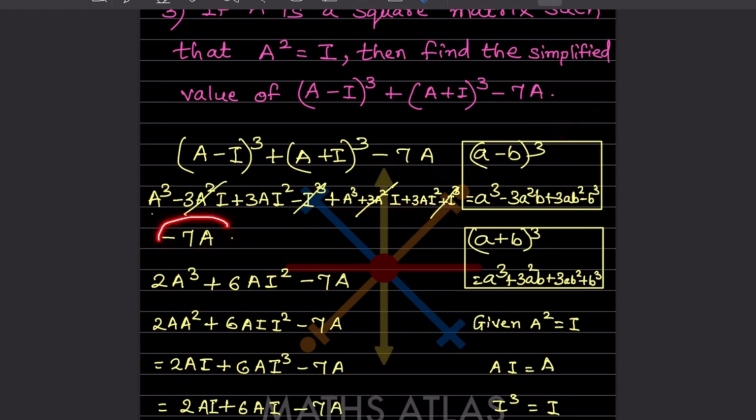So I wrote that minus 7A down, but you can write it over here, minus 7A. So now look at here, this and this get cancelled. Minus 3A square plus 3A square gets cancelled. Minus I cube and plus I cube gets cancelled.